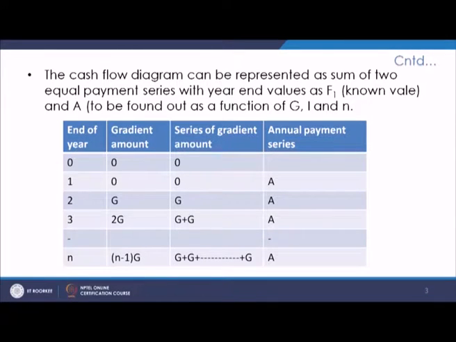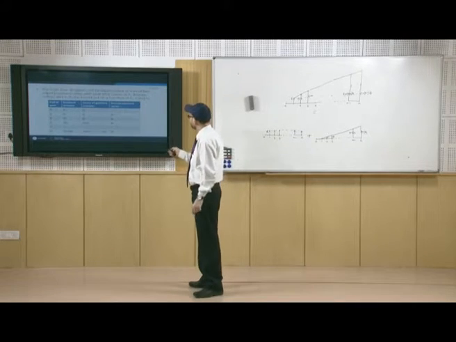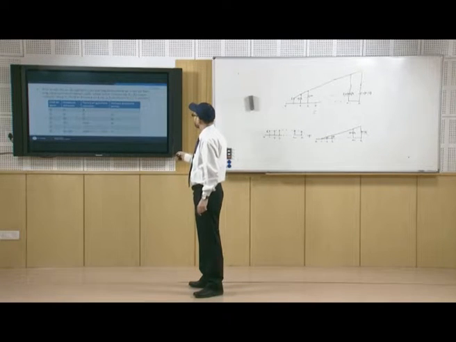Now, this is the end of year 0, 1, 2 to n, and this is the gradient amount as we have seen. In the first year it is 0, in the second year it is g, in the third year it is 2g. This way in the nth year it is n minus 1 into g. Now, this has to be represented by one annual payment series.